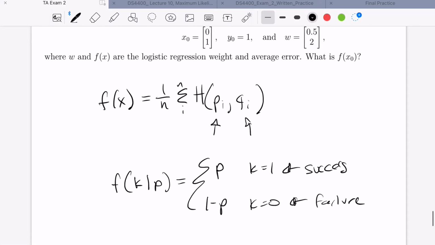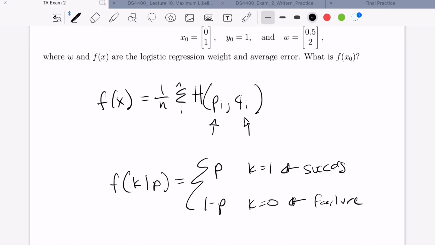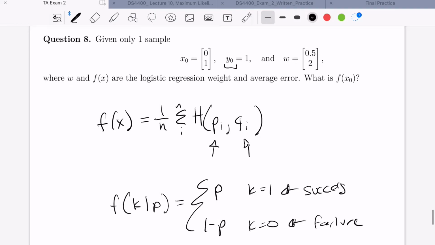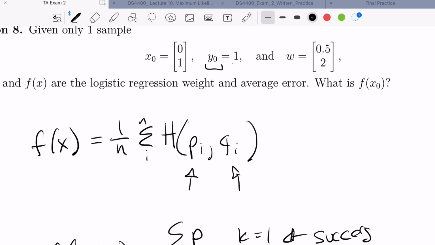So in logistic regression, we have a bunch of samples and a bunch of labels. The labels are either a 1 or a 0. In the case that we saw in class with the tumor example, our samples are a bunch of images, and our labels are whether or not there's a tumor present. So really, we can just look at our labels as a Bernoulli distribution and look at the actual label values as a probability.